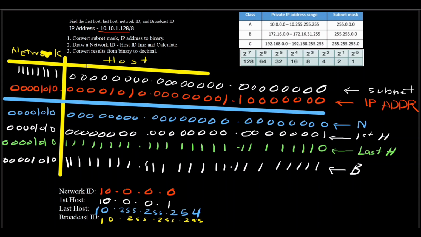Then we're going to draw a line. This line will help us divide this IP address into network plus host, and all the work will be in the host part. Finally, once you are done finding everything in binary, convert them back to decimal, and you're going to have your answers.